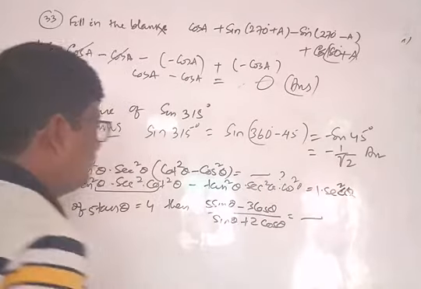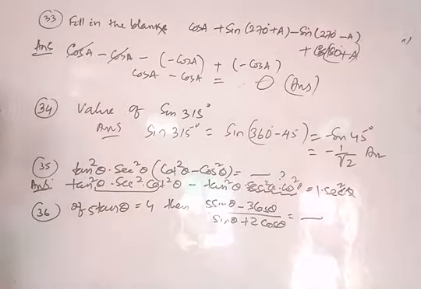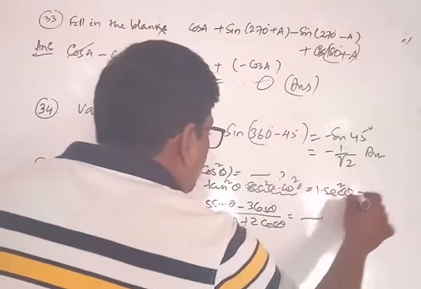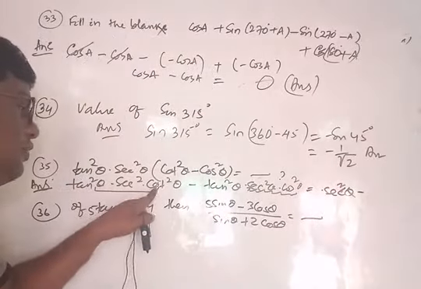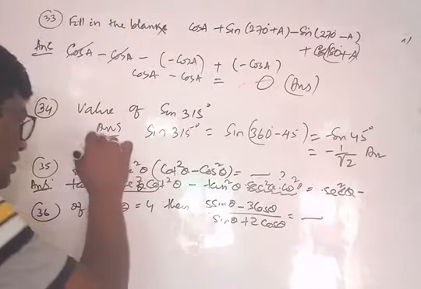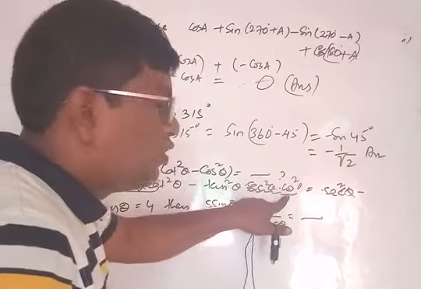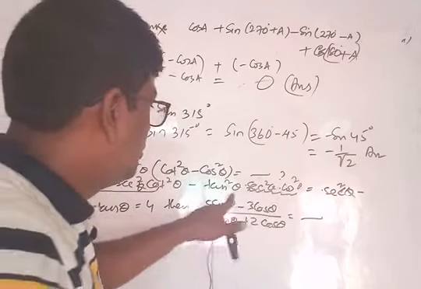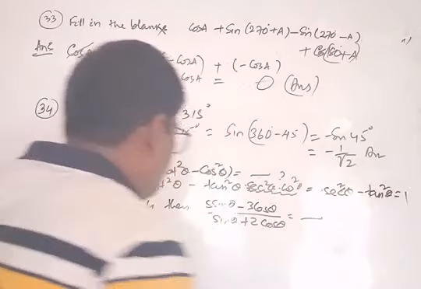Sec square theta into cos square theta is equal to 1, so minus tan square theta remaining. Sec square theta minus tan square theta equals 1.